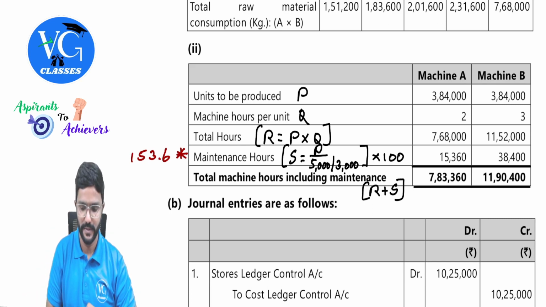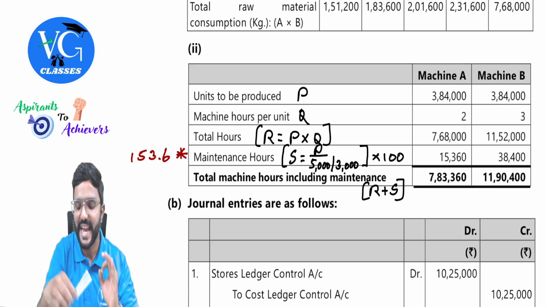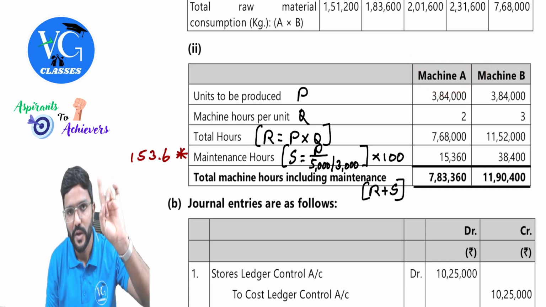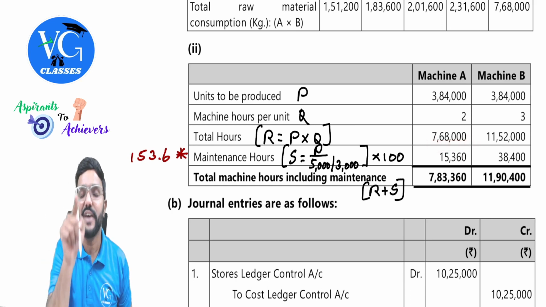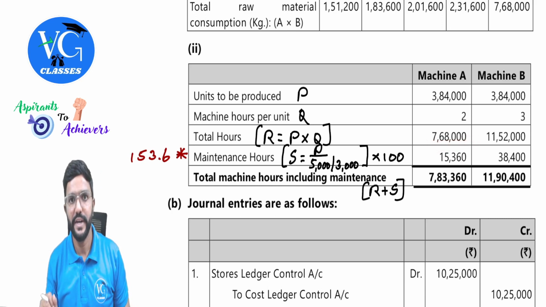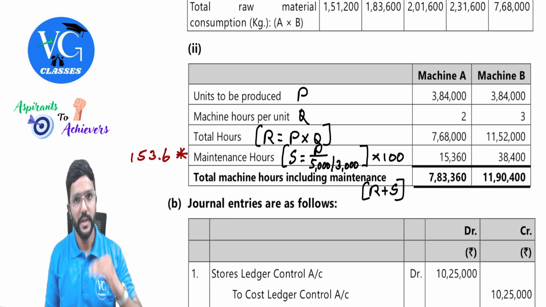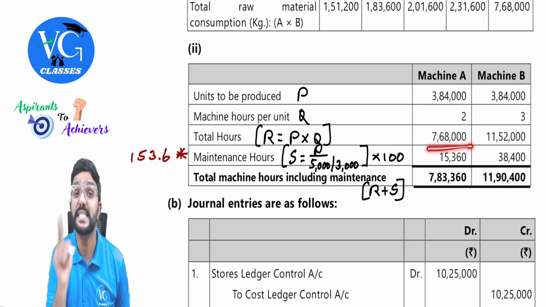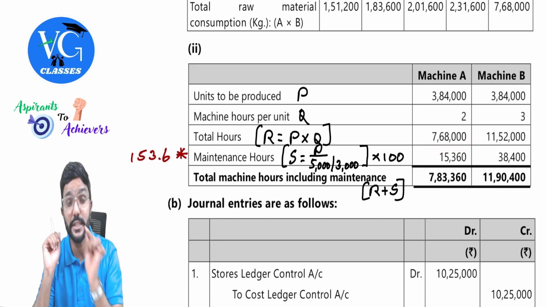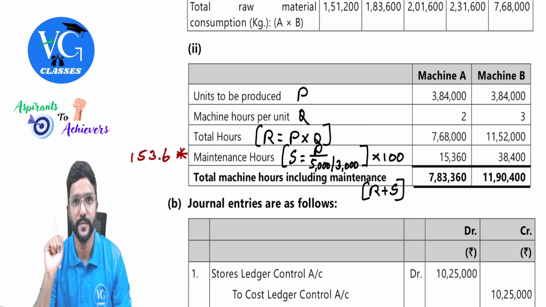So when machine A has worked for 7,65,000 hours, we did a maintenance for 100 hours. Next maintenance will be when the machine completes 7,70,000 hours.